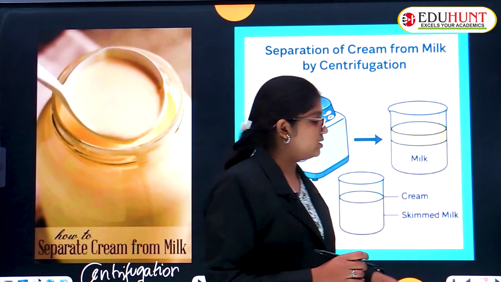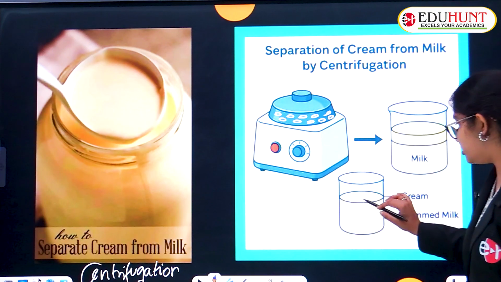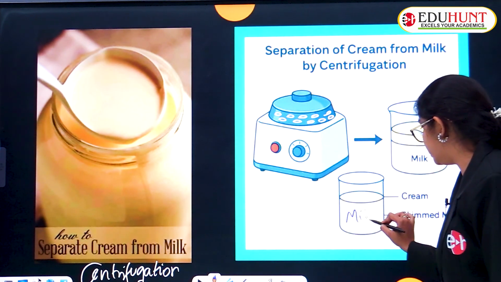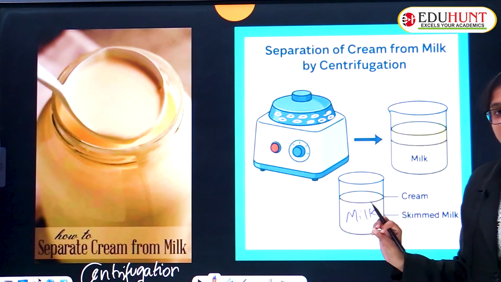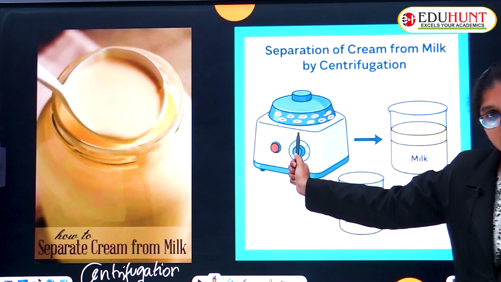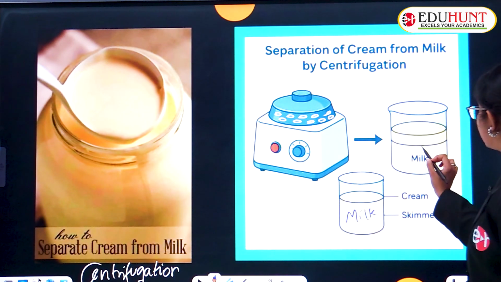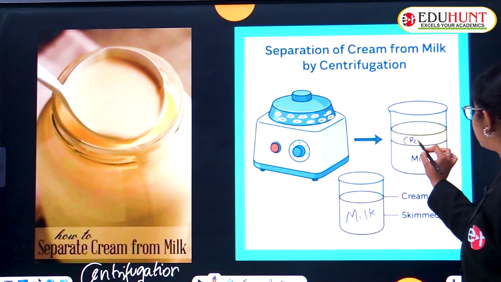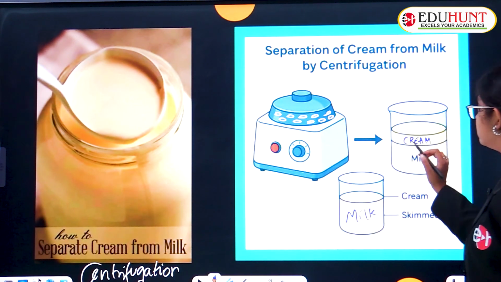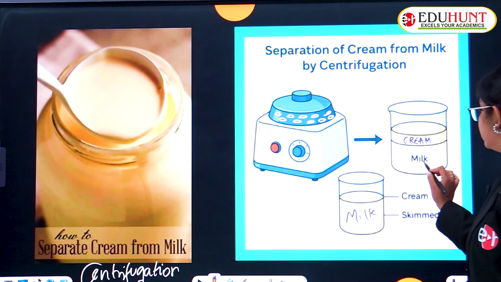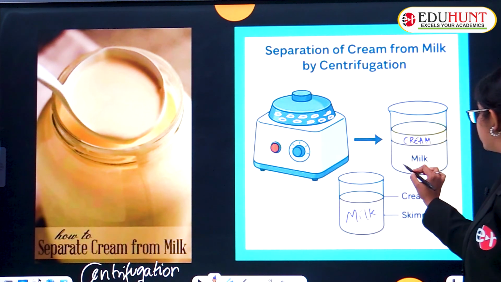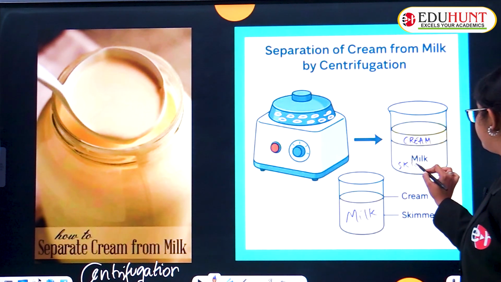I'll write here. Children, if this is the milk taken to be separated by the centrifugation technique, what happens? You can observe the cream on top of the beaker, and the part settled down is called which milk? Skimmed milk. What is that?